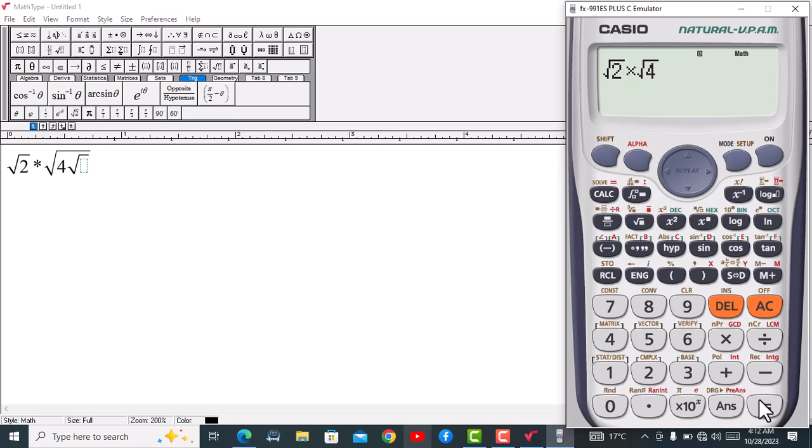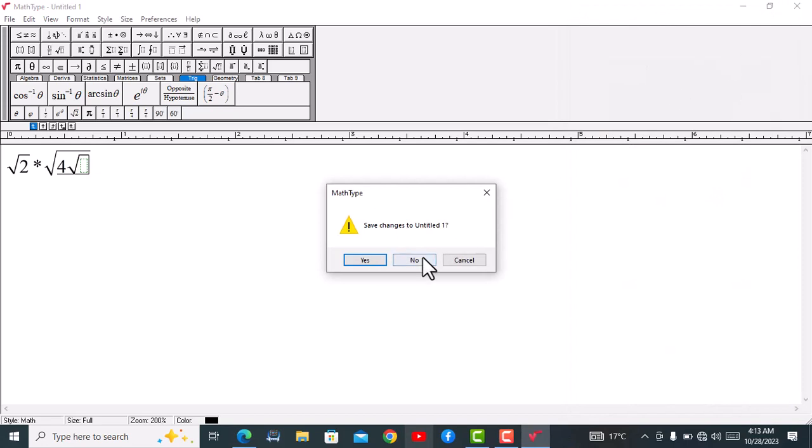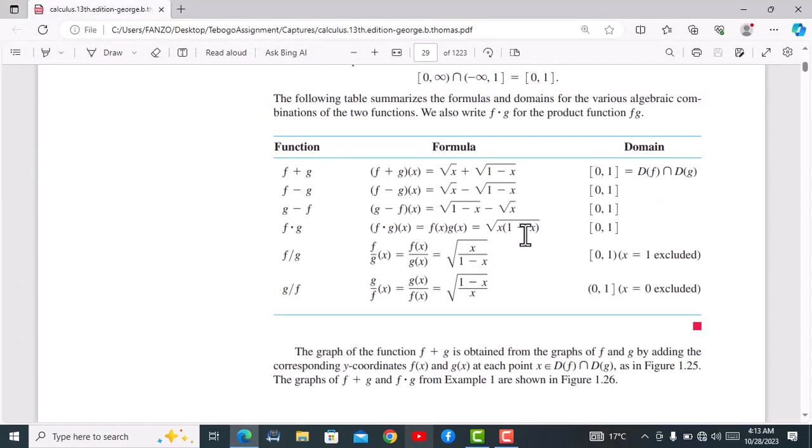The square root of 2 multiplied by the square root of 4 will give you 2 the square root of 2. What has really happened here, you just have one square root, then you can just say 2 times 4, and it will give you exactly the same answer. So this is exactly what has transpired here. We just introduce one square root and then we allow this to multiply with that, and we get that domain.